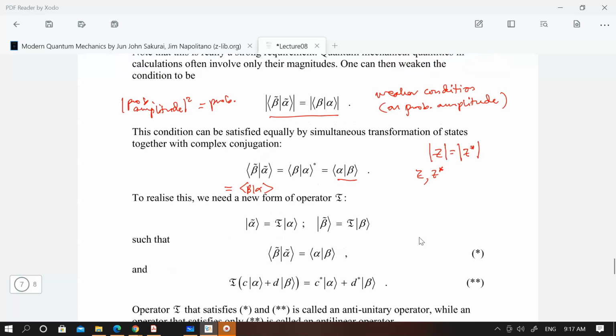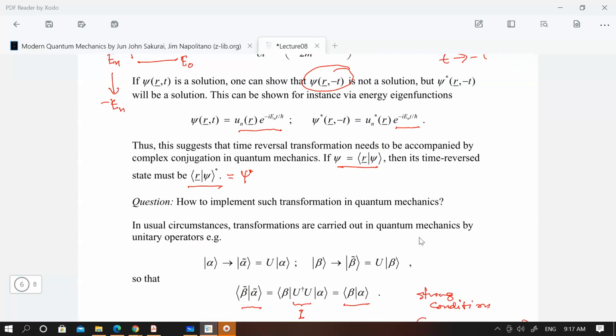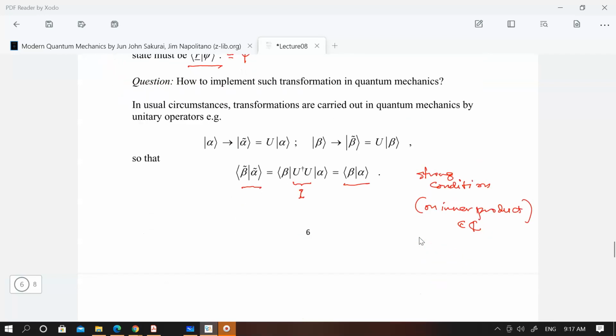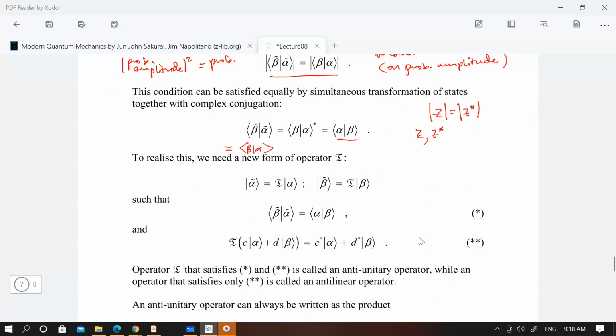Remember, this is in fact implied from what we have discussed before, that we need to do the conjugation, right? So essentially this is what we did over here. The weakening of the condition is to allow this conjugation to come in. Okay, so let's do this.